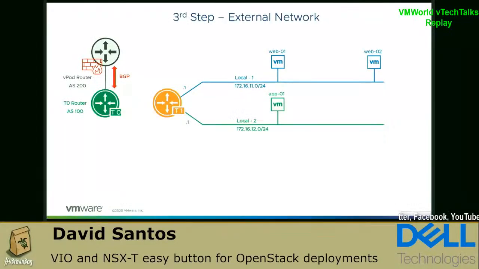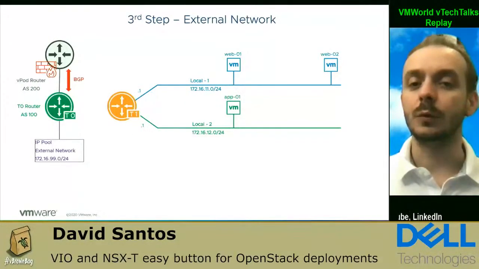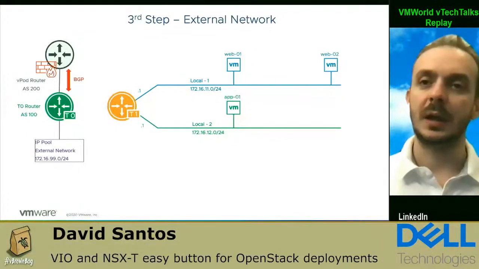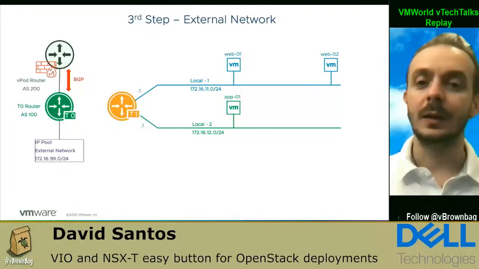The third step is the external network. The external network is kind of an IP pool that will be used as a floating IP or like an external load balancer IP. It doesn't create a real network.